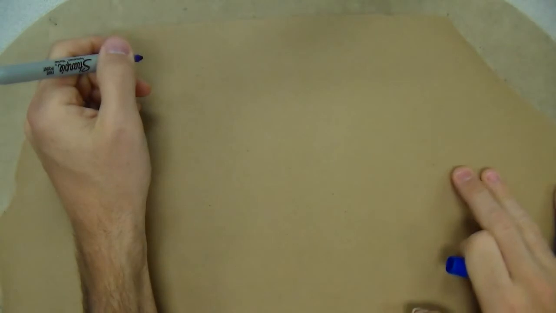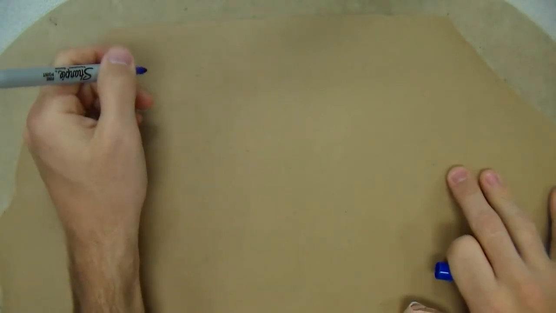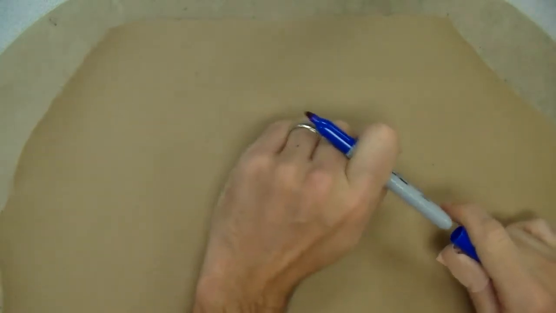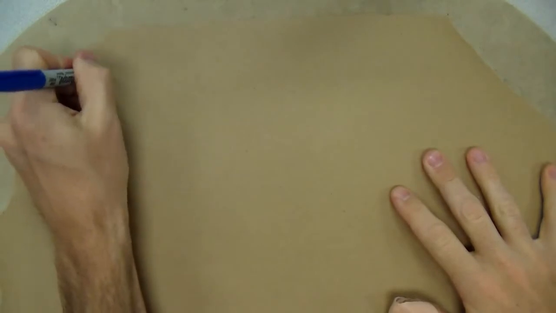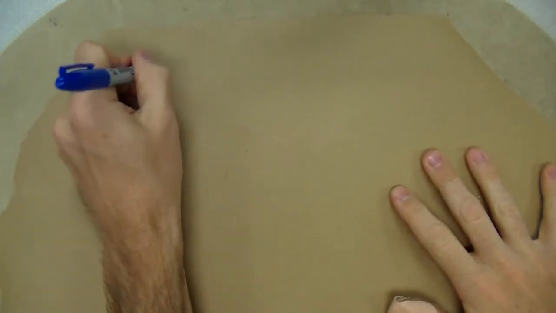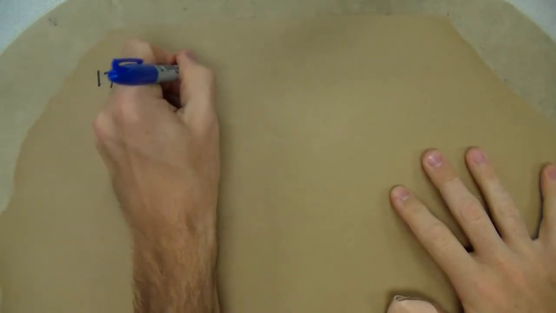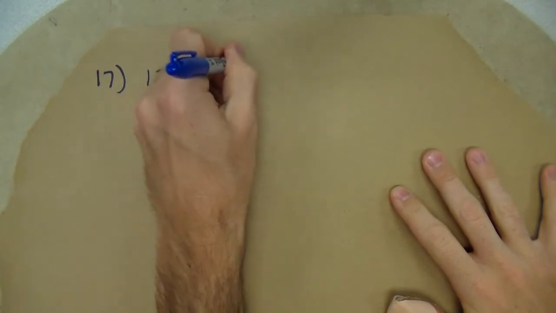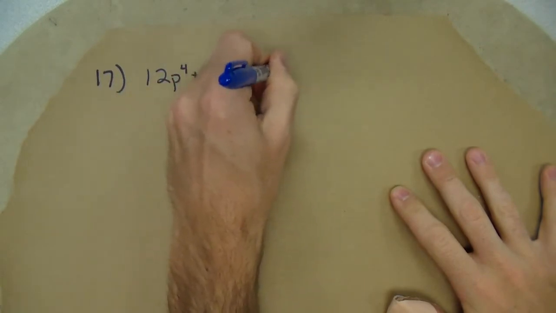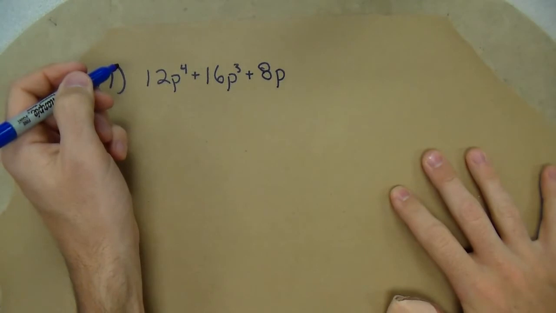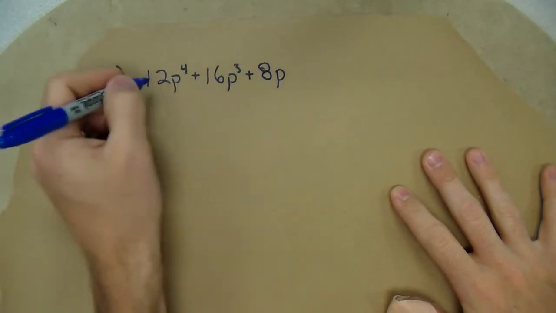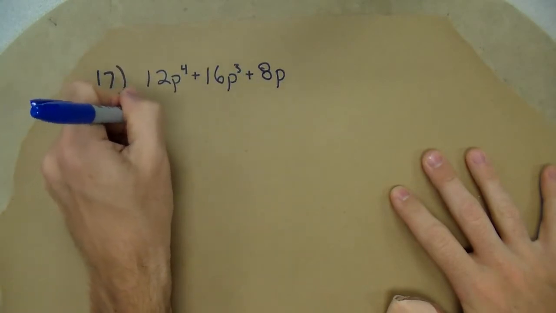Okay, next we're on to number 17. We need to find the GCF and then factor the polynomial. So for 17, we're going to start with 12p to the fourth plus 16p to the third plus 8p. So my common factors here, I can take out a 4 and a p from all of these.